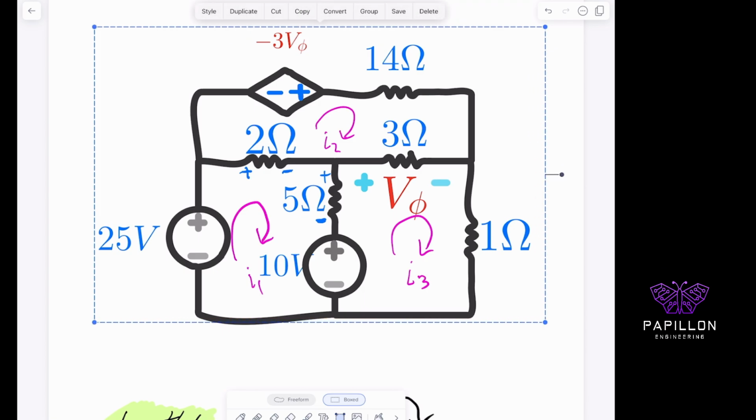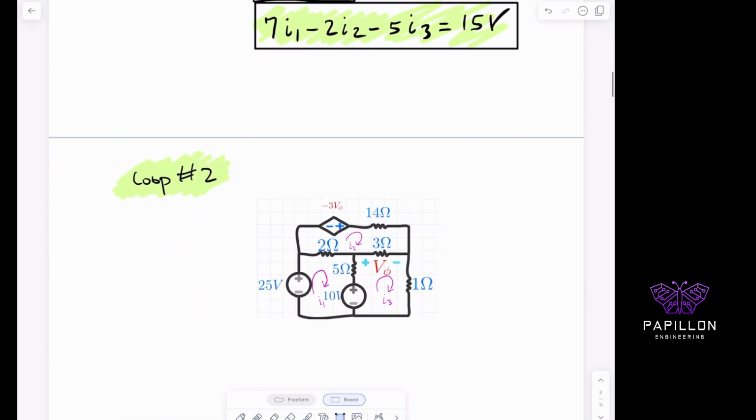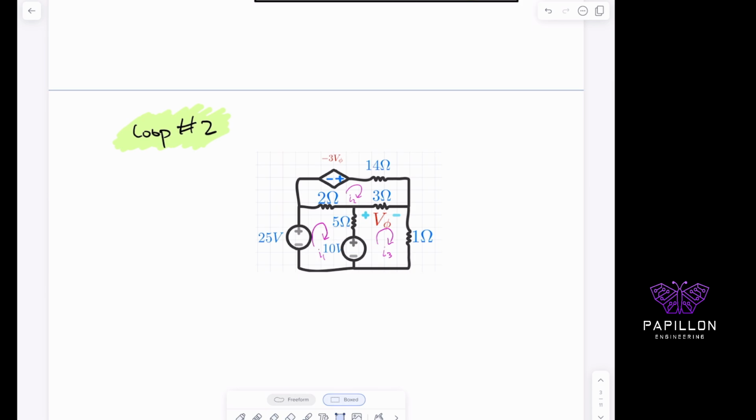So now we're going to get to loop 2, where it's going to get a little bit more challenging. Here I already have the image for loop 2, and you notice now that you have a dependent voltage source in there. I'm going to highlight it for you again. Here it is, illustrated as -3V. So how do we handle that? Because we are in loop 2, it's going to be read as -3V0.